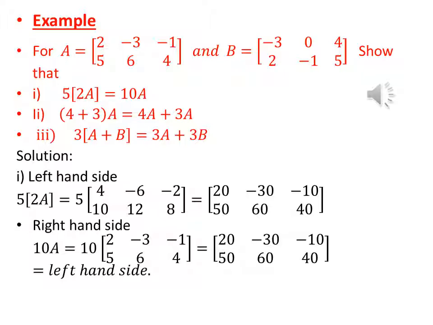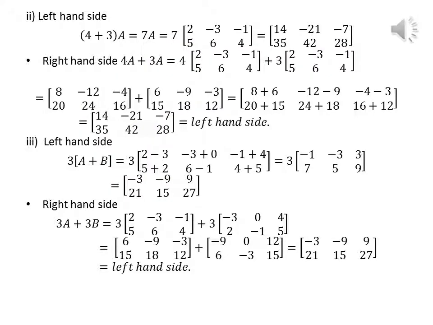Question number 2. We want to prove that (4 plus 3) times matrix A equals 4A plus 3A. Take the left hand side: 4 plus 3 is equal to 7, so 7 times matrix A. Matrix A is 2, negative 3, negative 1, 5, 6, 4.